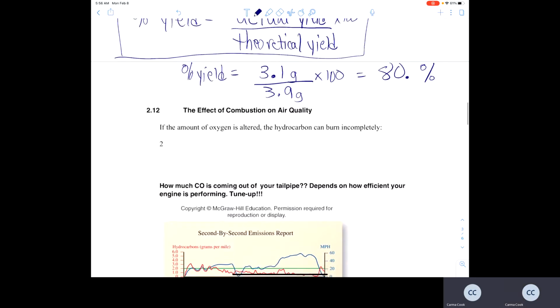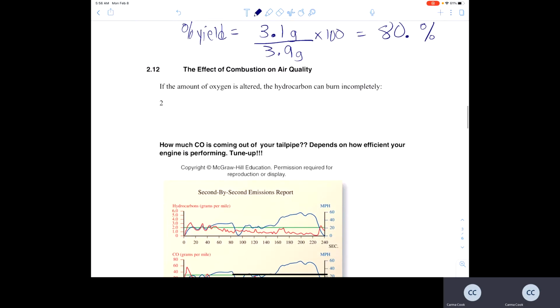And so lots of states, including Tennessee, have emission standard requirements. And before you can renew your registration on your vehicle, you have to get an emissions test to make sure your engine is working properly.